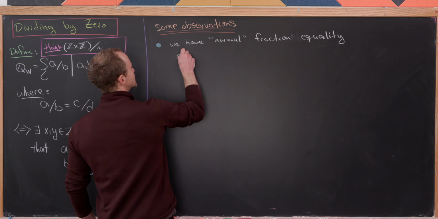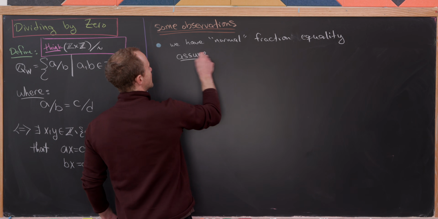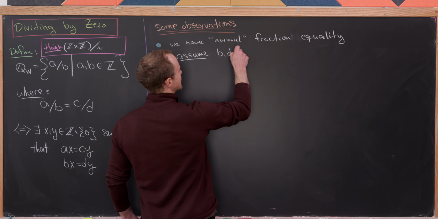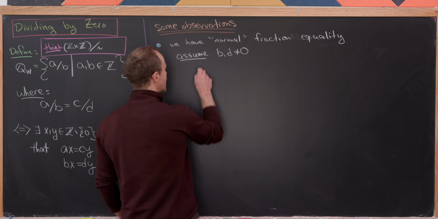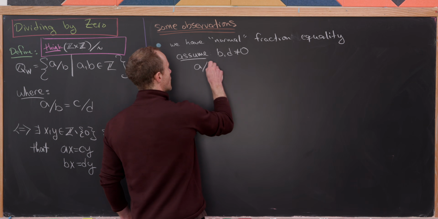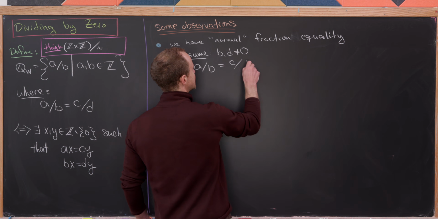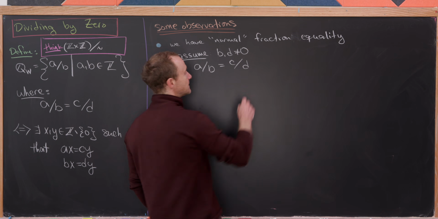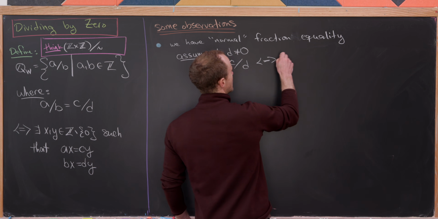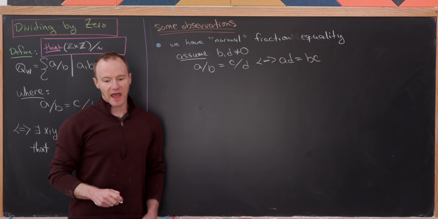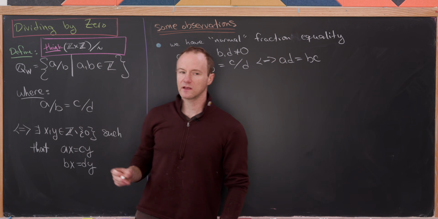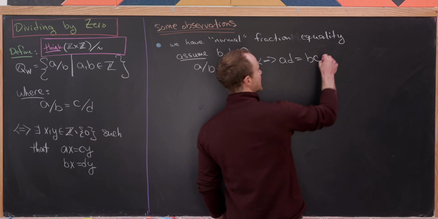So let's assume that in this setup, we have b and d both non-zero. And let's see that a over b is equal to c over d if and only if we have AD equals BC. And let's maybe go in the language of this over here.